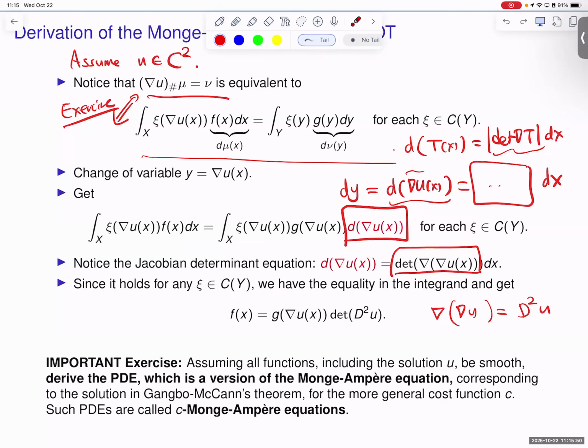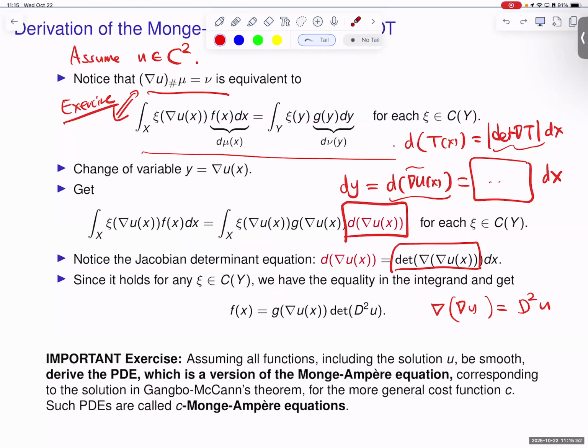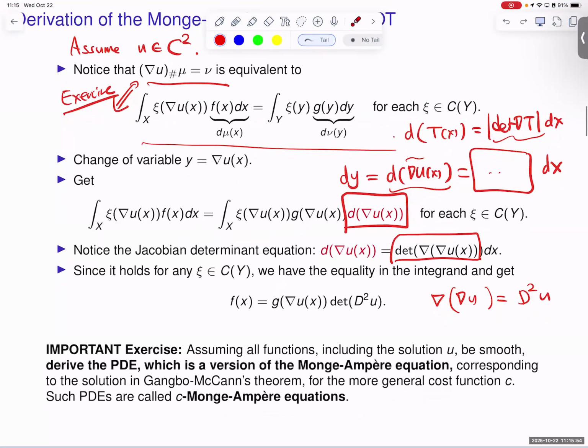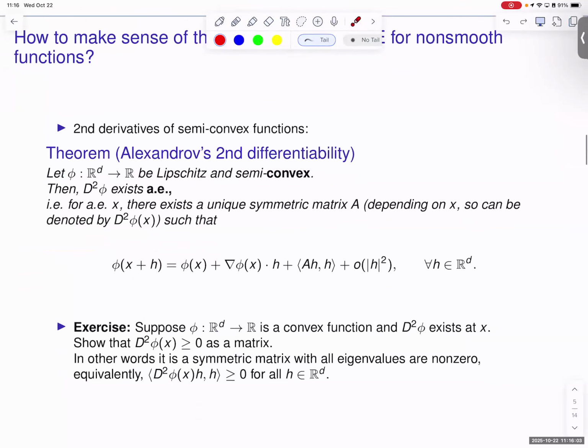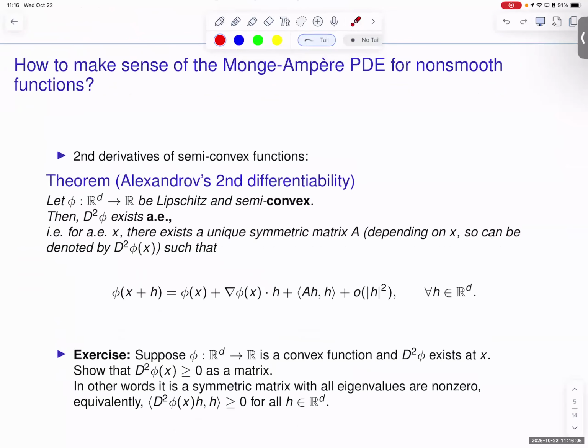Okay. But one thing I should say is that not every Brenier solution is differentiable.